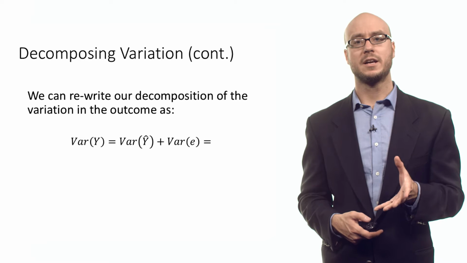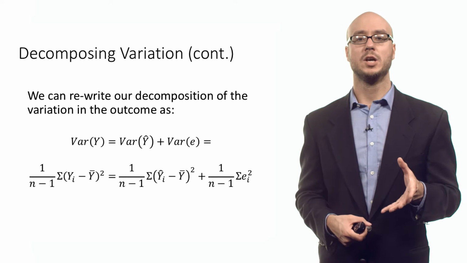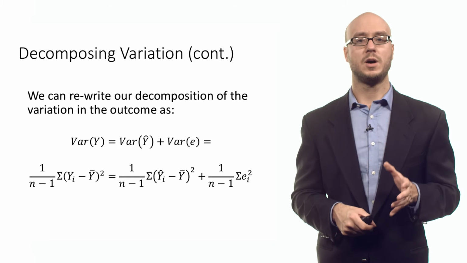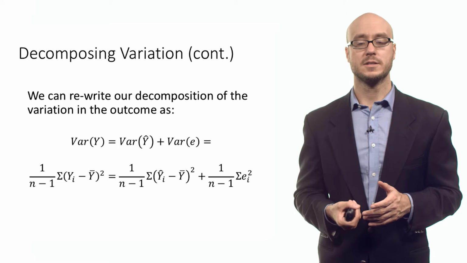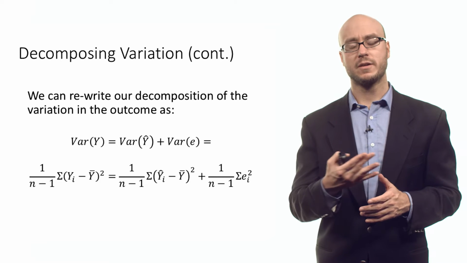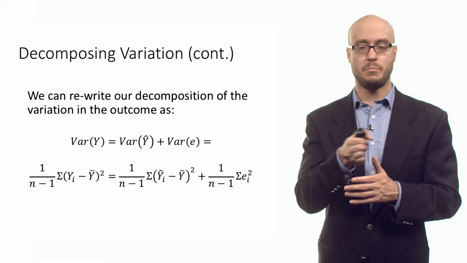So we can rewrite our decomposition of the variation of the outcome in terms of this formula. This is simply the variance of y equals the variance of y hat plus the variance of our errors. And if you recall the variance, we use the mean of a variable as the benchmark.